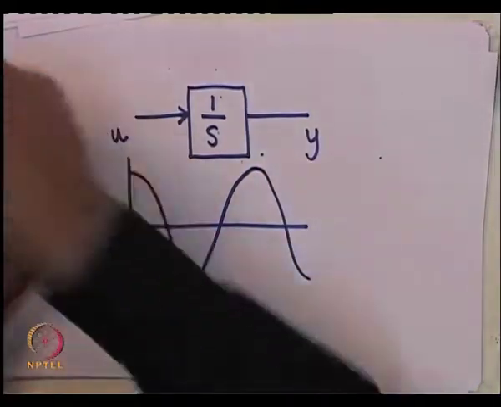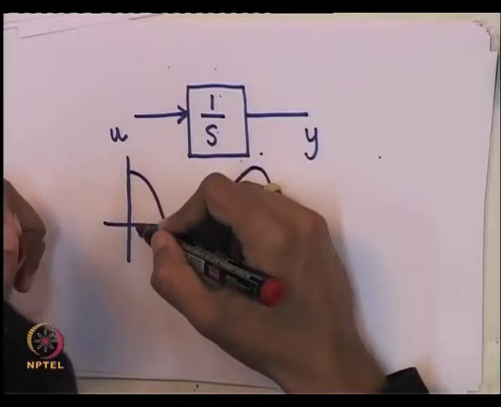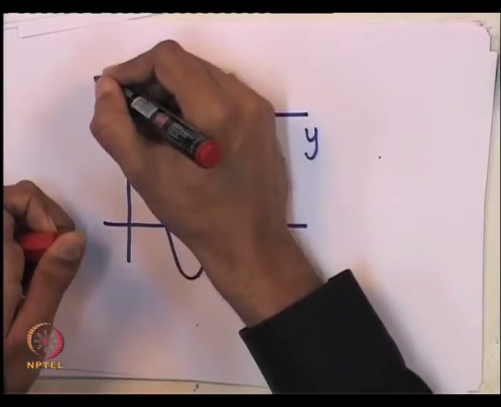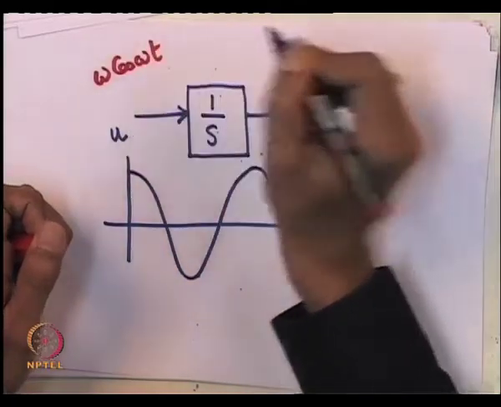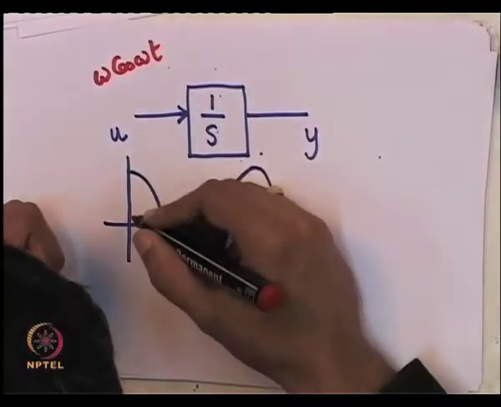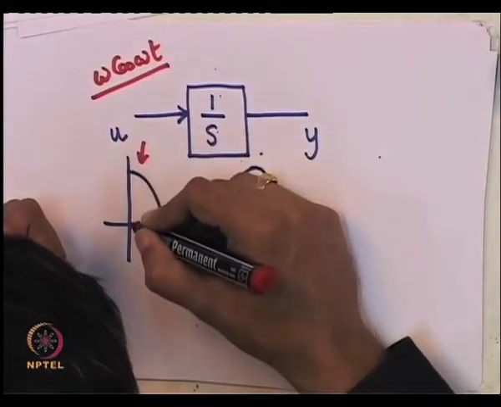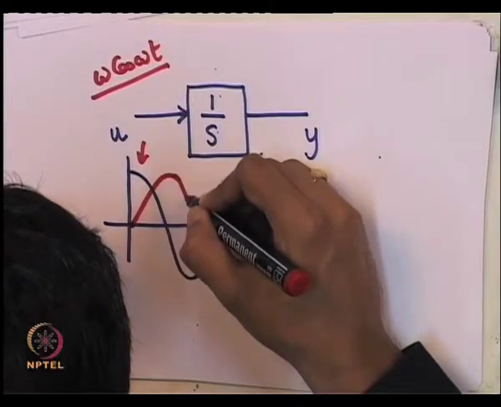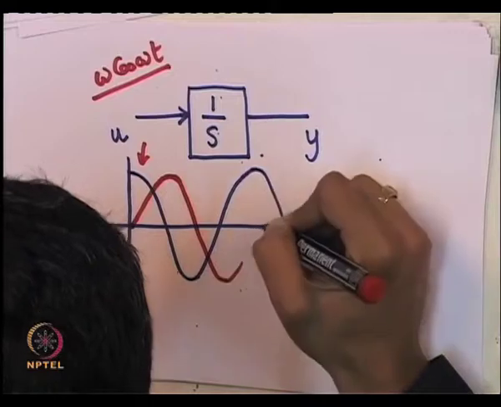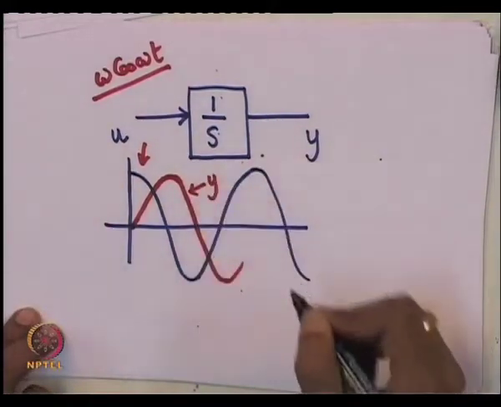Then of course, the output y would be, so if we have got input as omega into cos omega t, and you try to integrate it, you will get sin omega t. Yeah. So, this is your sin omega t, this is your output y.